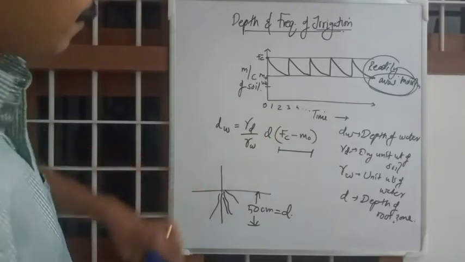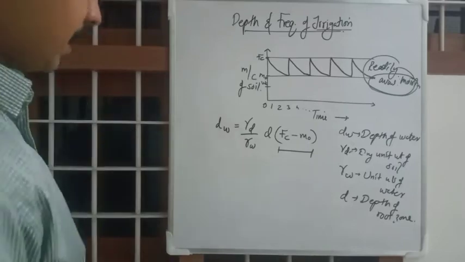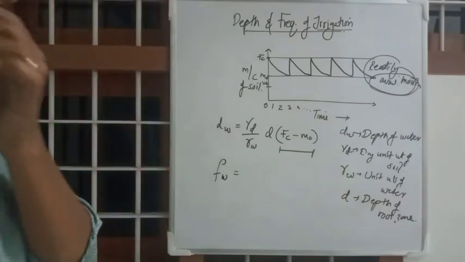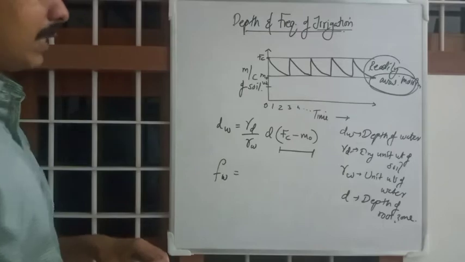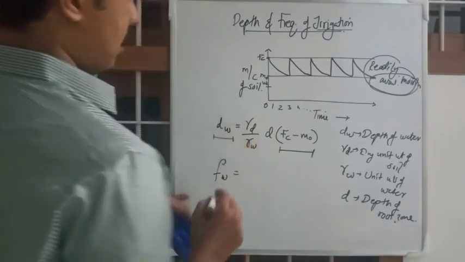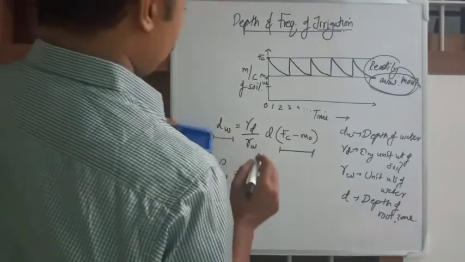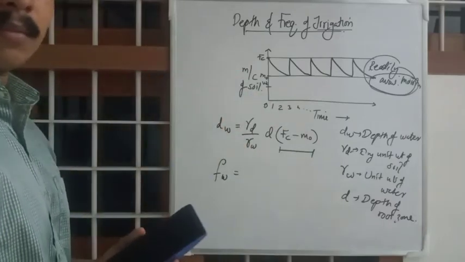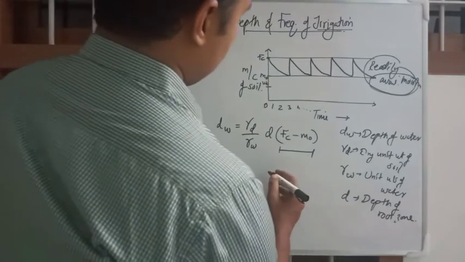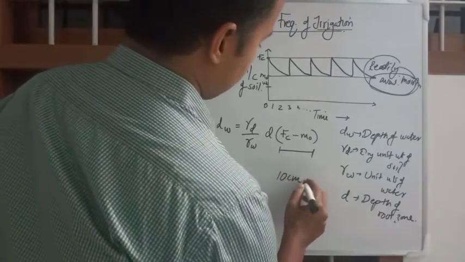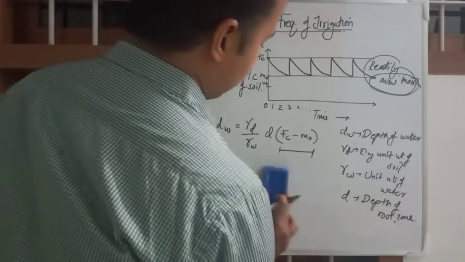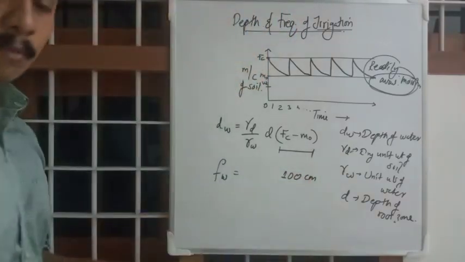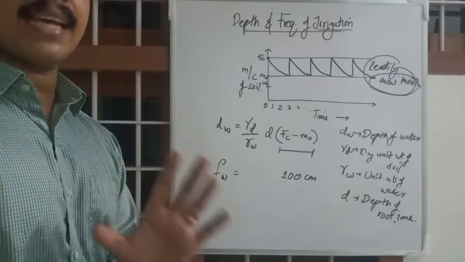And for finding the frequency of watering, that is FW, suppose dW, the depth of water we are pouring into the field, is 100 centimeters in a single irrigation cycle.